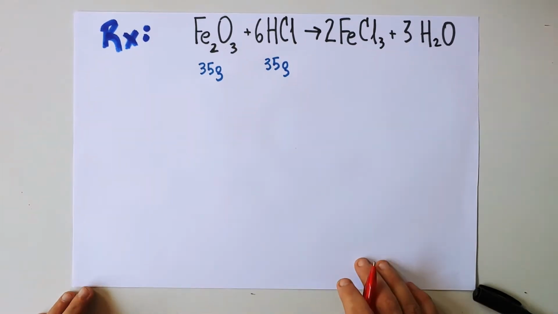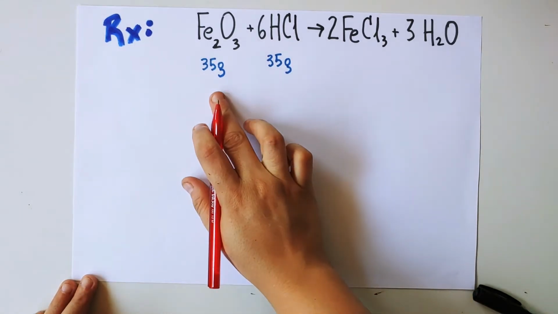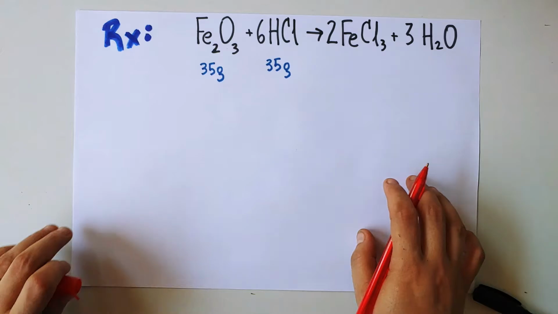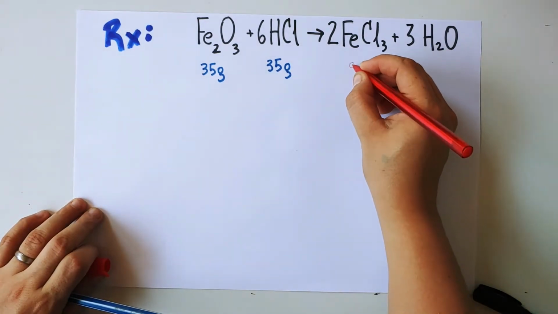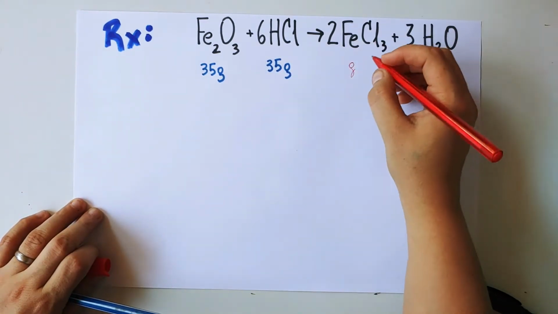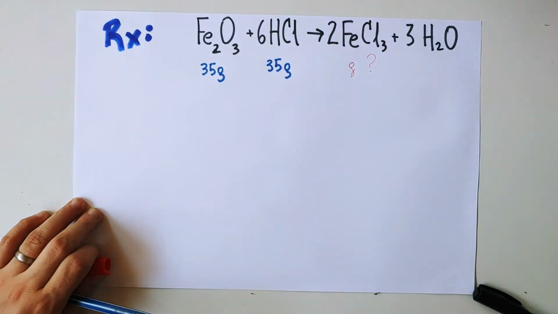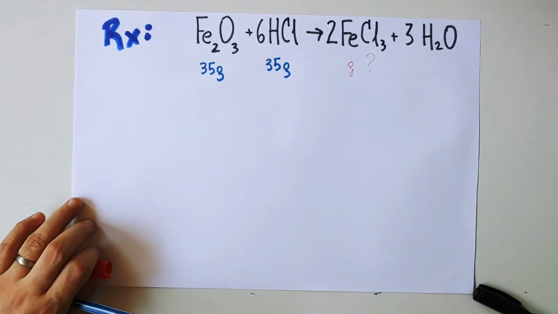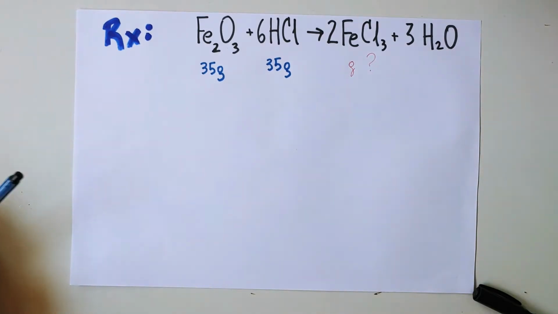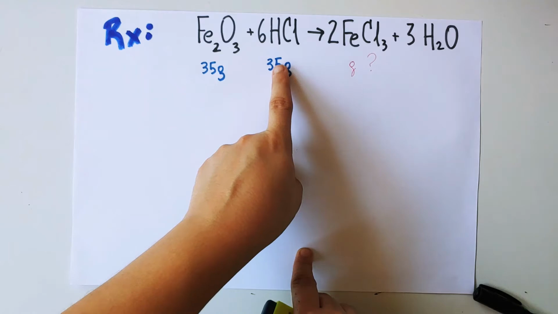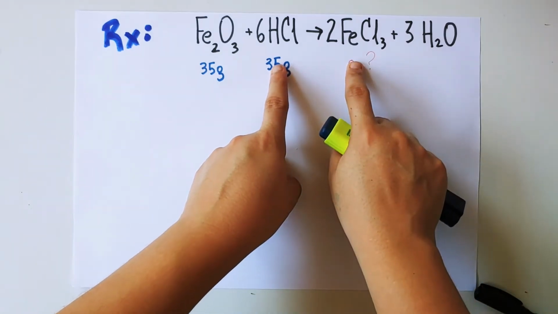So what I do in the first place, I work with the molar masses of everything I care about. I want to know about the grams of iron-3 chloride, and these are the givens, which means that I'm going to be working with the molar masses of iron-3 oxide, hydrochloric acid, and iron-3 chloride.